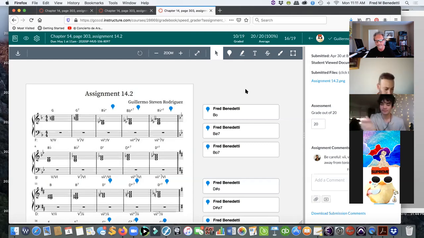Oh, so the key signature doesn't play in the 7? The key signature doesn't play a role in the 7th if it's a secondary leading tone. If it's the 7 of the key you're in, no problem, you're going to have it. But literally, what we're doing is we're tonicizing C, right?